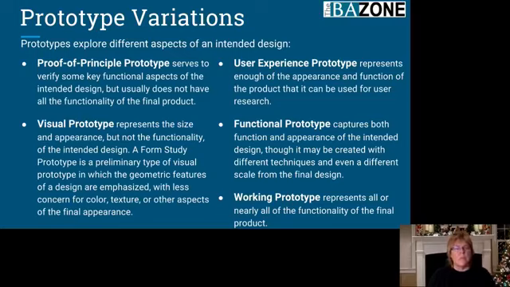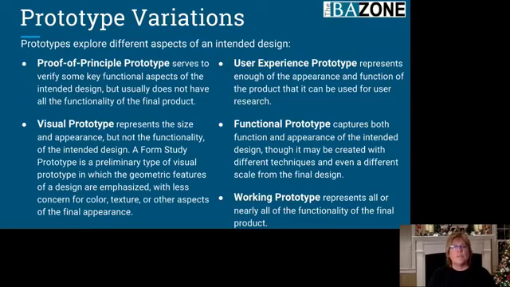So getting everybody on the same page is key. So that's where a visual prototype is really important. A form study prototype is a preliminary type of visual prototype in which geometric features of a design are emphasized with less concern for color or texture or other aspects of the final appearance. So it could just be big blocks of information or blocks of a layout.